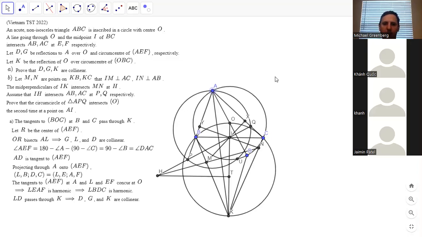I don't know if we could use the isogonal line lemma. So we want to show AK and AU are isogonal.